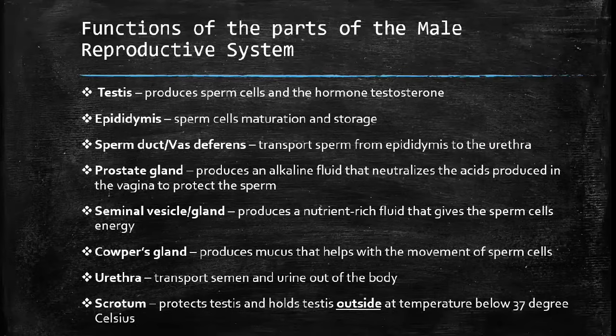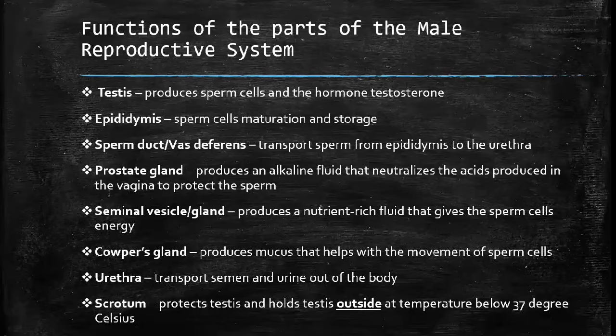That's it. Your sperm cells are contained inside the semen. I don't know if you understand what I'm trying to say here. It's a fluid that contains your sperm cells.